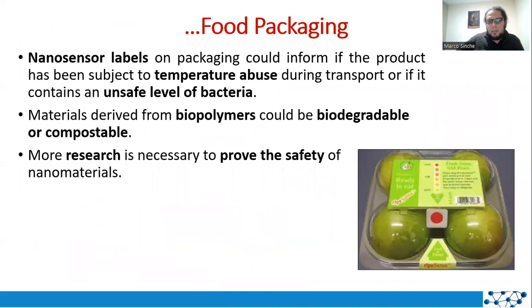At last, some nanosensor labels have been added to the packaging materials. They could inform the consumer, for example, if the cold chain has been broken during the transportation, for example. Or it could also tell if a type of microorganism has grown inside. So this could avoid food poisoning.